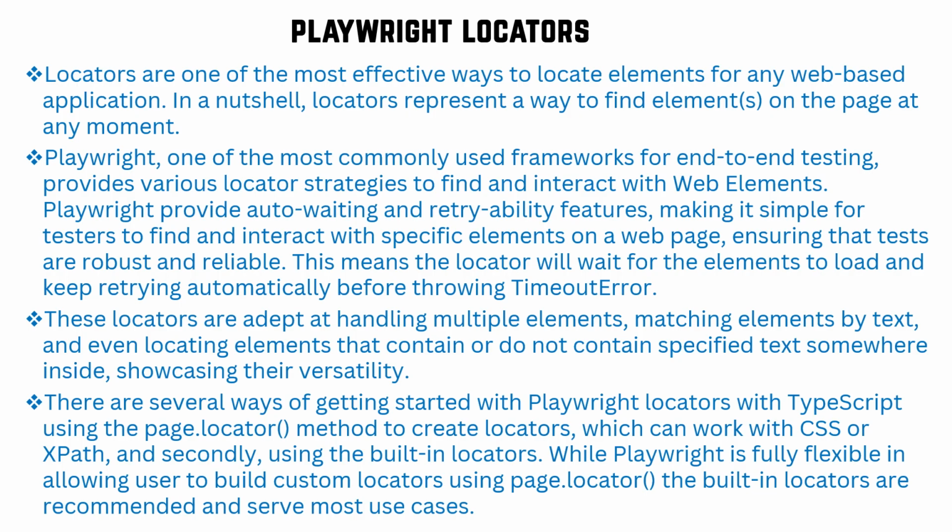Built-in locators, we said there are almost 7 built-in locators available, right? To deal with the different roles of the element, text, alt text, placeholder, titles, custom test ID, or labels. Reliability: the locator works on the most up-to-date DOM every time an action is performed, ensuring reliable tests.